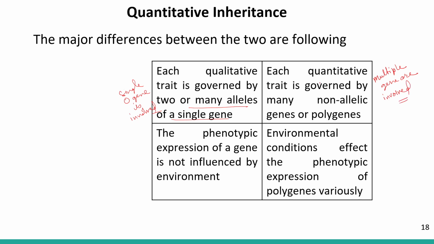Each quantitative trait is governed by many non-allelic genes or polygenes. The phenotypic expression of a qualitative gene is not influenced by the environment, so there is no influence of environmental factors. Whereas in the quantitative case, environmental conditions affect the phenotypic expression of the polygenes variously.